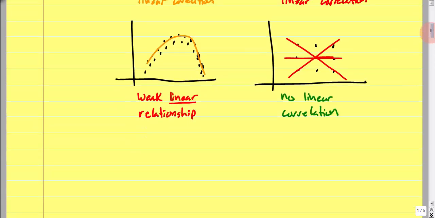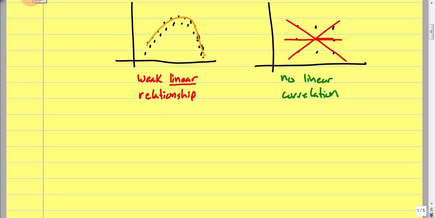Now from this bivariate data, not only can I create a scatter plot, but I can come up with a measurement that quantifies the strength of the linear relationship. So the correlation coefficient is a numerical value that gives us the strength of the linear relationship.